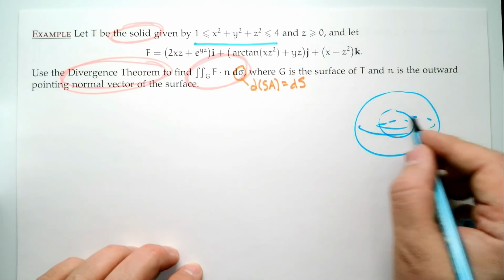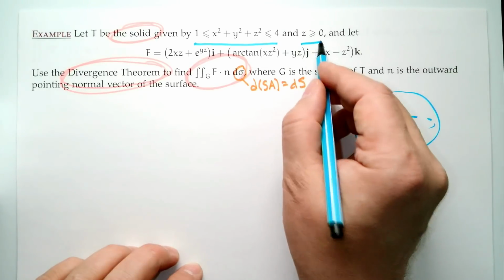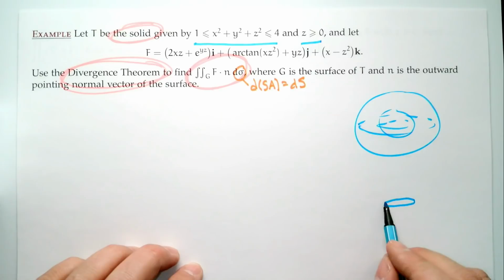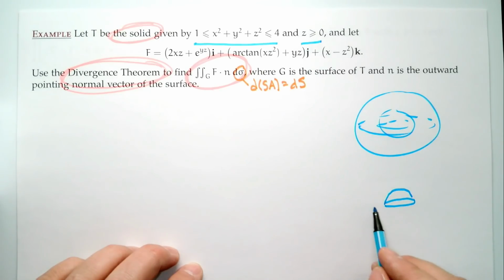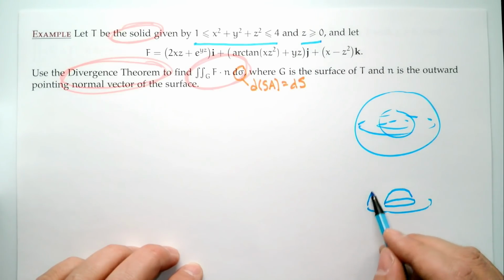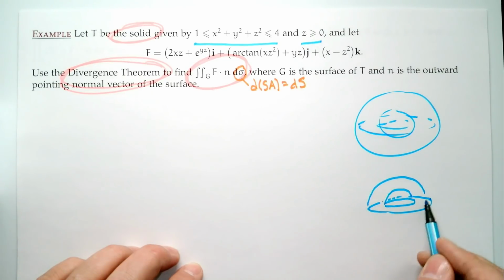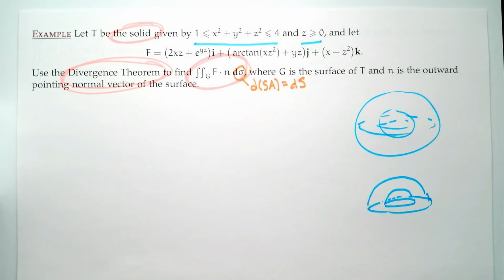So that's the basic thing. But then there's another constraint which says z is greater than or equal to 0, which means that what our shape looks like is a sphere inside another sphere that's been cut in half. So that's roughly our shape.